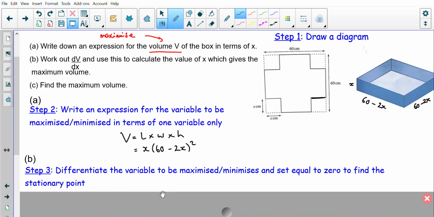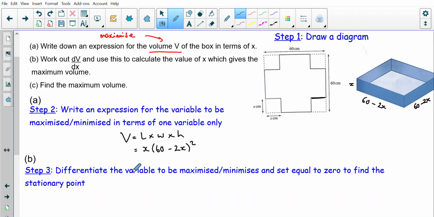So if we find the x coordinate of the stationary point, it's the same as finding the x value that gives the maximum volume. In order to differentiate this expression for volume, we're going to have to expand the brackets. So let's start by expanding those brackets. We're going to have a double bracket expansion of 60 minus 2x.